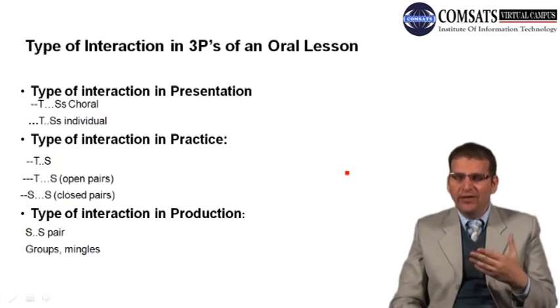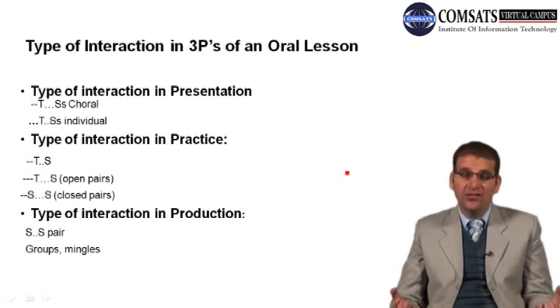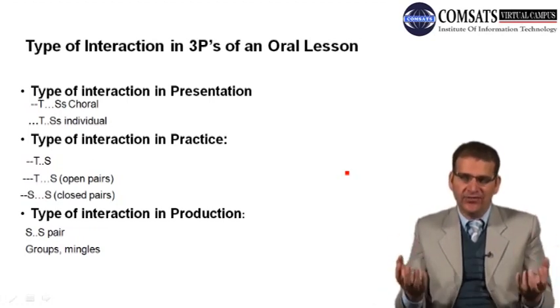So here we'll see that once you have an oral lesson, which kind of interaction would be there? In the presentation stage, teacher to student, of course, it can be choral, or it can be individual. So interaction can be in chorus or it can be individual. For example, the teacher asks students to practice this sentence.